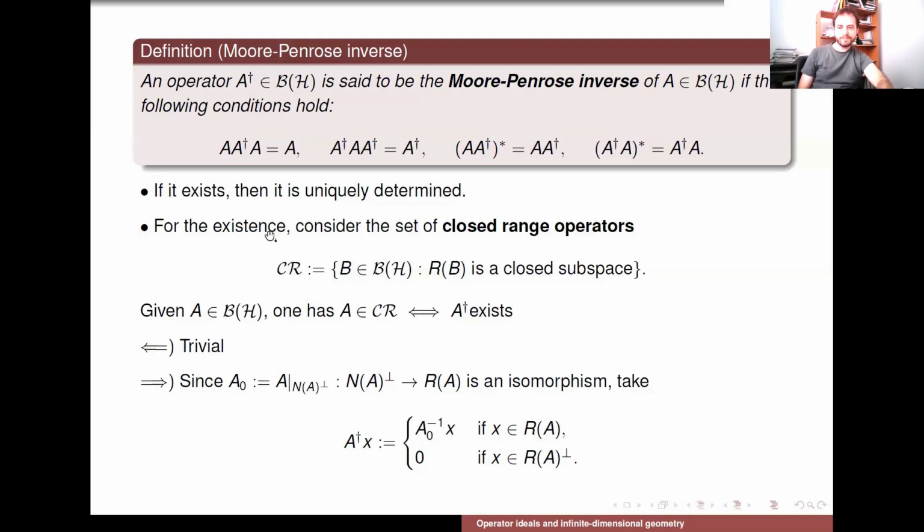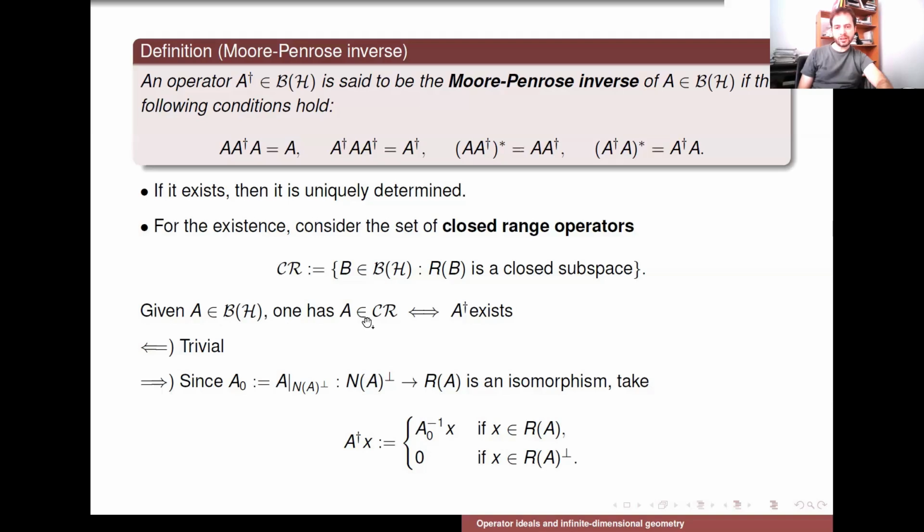And for the existence, we need to consider the following set of operators, the set of closed range operators. These are operators such that their ranges are closed subspaces of the Hilbert space. We have this fact here.